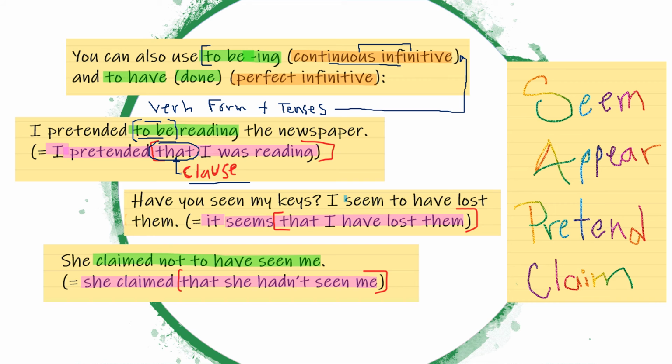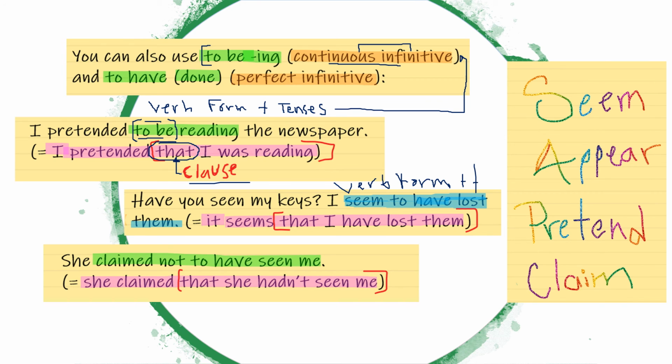Seem to have lost them. Okay, seem to have lost them. Look at that. It's the same. You are combining the verb form, okay, let me put it here, verb form, with a tense, con un tiempo.